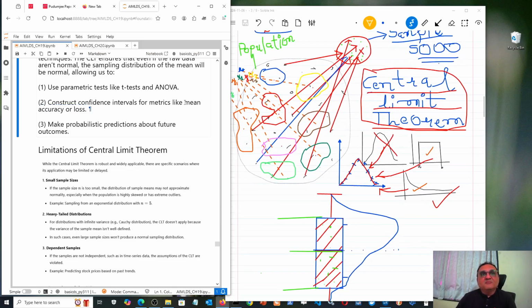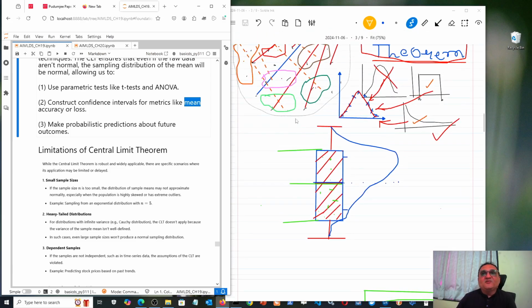But many times this word mean is not even spoken. So learners often forget that internally the algorithm takes several samples from the population, finds the accuracy for each sample, and whatever number it displays finally, that accuracy of 89%, is the mean accuracy for all the samples, right? And for this mean accuracy we write it with some confidence interval.